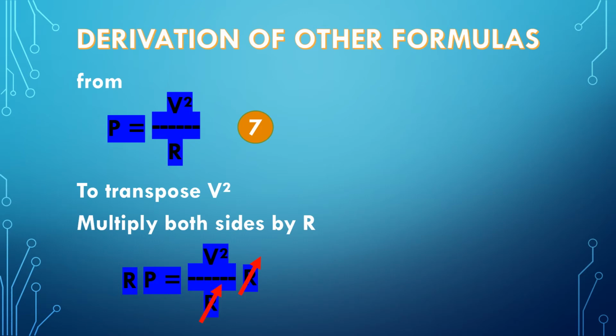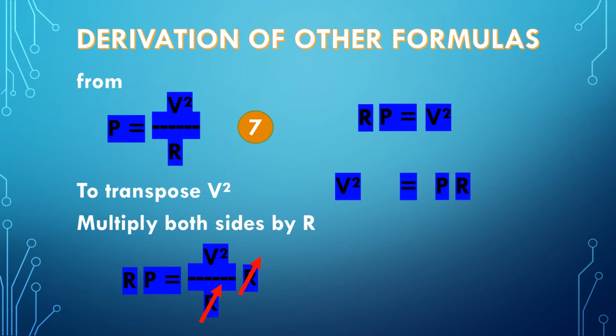So this R now cancels. What is remaining is RP is equal to V squared, or we can rewrite it as V squared is equal to PR. Now the problem here is how do we remove this exponent 2 so that only V will remain.